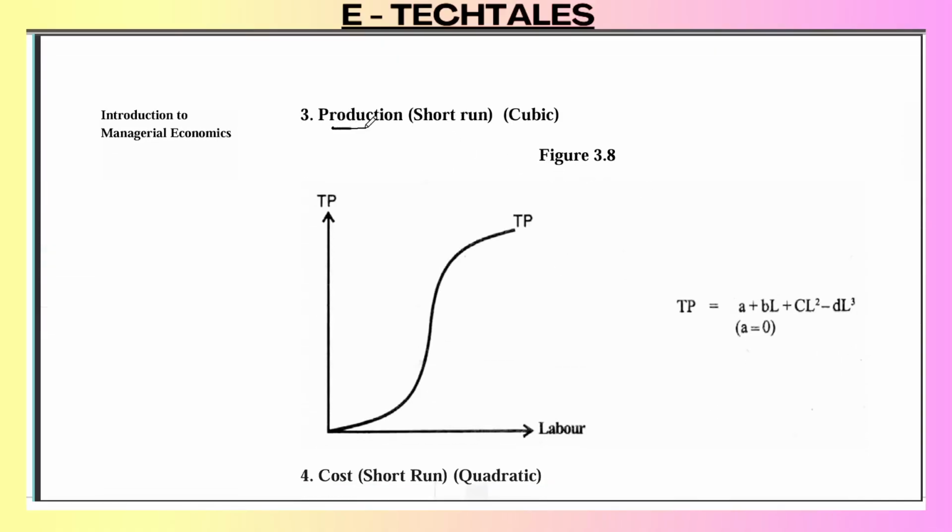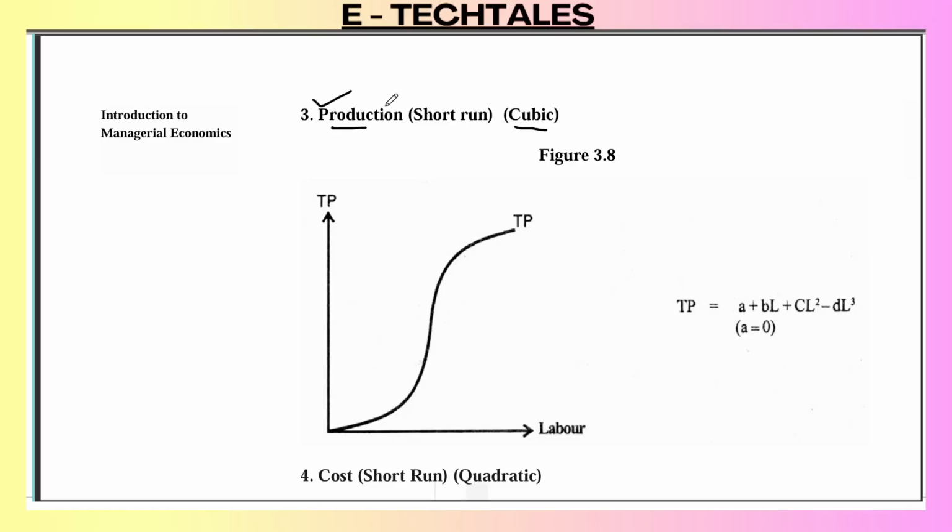Production. Short run production is used for understanding the cubic form of equation. The trend goes in a plus direction and after a while it goes into a downward direction, but in the beginning it goes upward. Why?